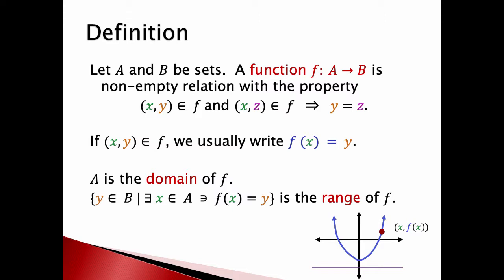So what we'll usually have is a function that maps R to R. That's how we will write it. F maps R to R. But R might not necessarily be the range. In fact, in this example, R is not the range. It looks like the range is from like -3 or something up to infinity. But it's definitely not all real numbers as the range.